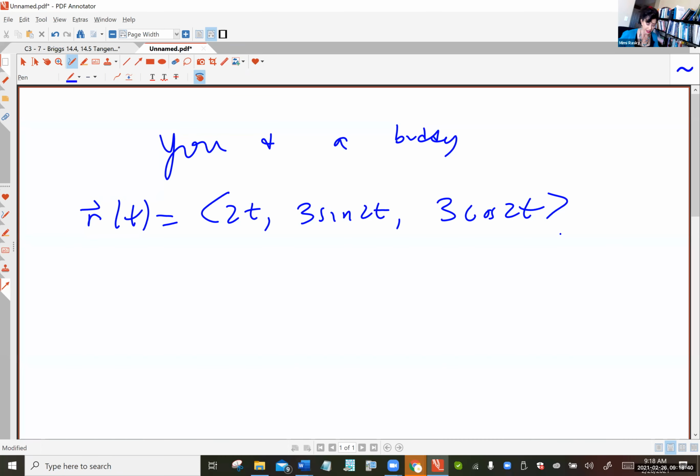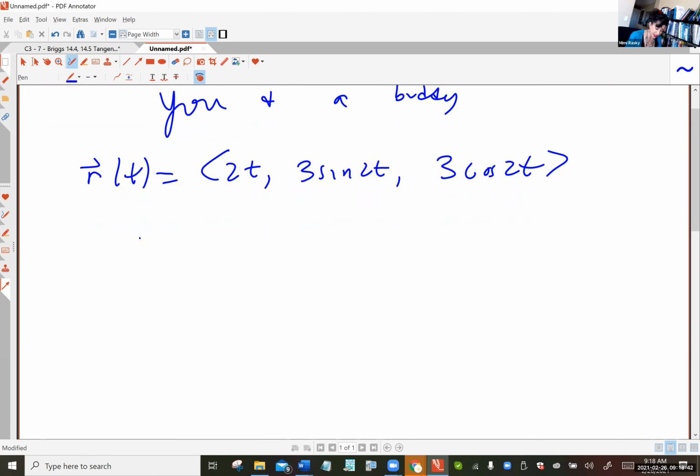Now, what I want you and the buddy to do is go get the unit tangent vector, also known as big T. Just get the regular unit tangent vector. Don't evaluate it at any t.